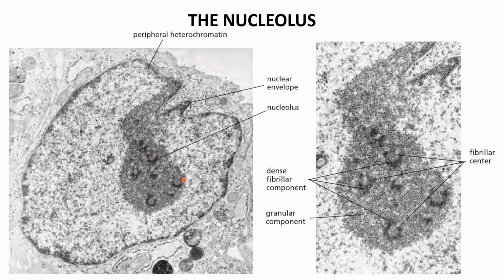You have fibrillar centers, several of them as shown here, dense fibrillar components just outside of those fibrillar centers, and then granular components for the rest of the nucleolus. It's not bound by a membrane, but it's sort of like the pericentriolar material that is clumped together inside the nucleus.